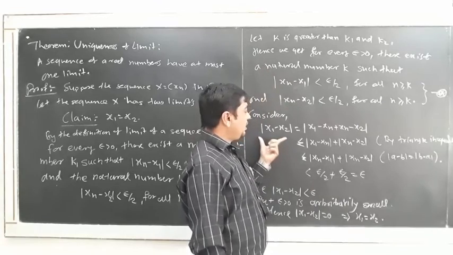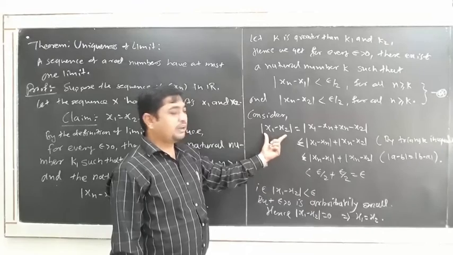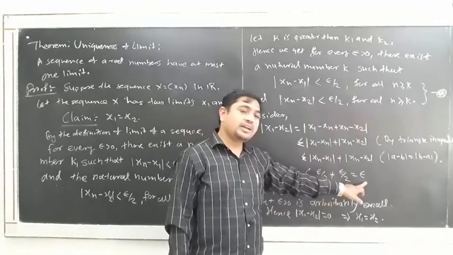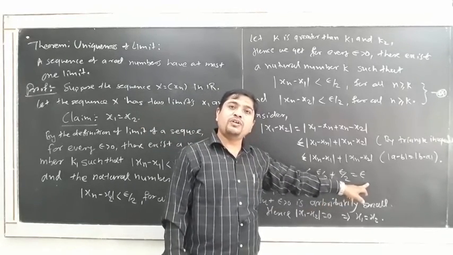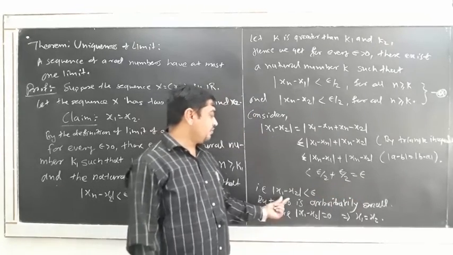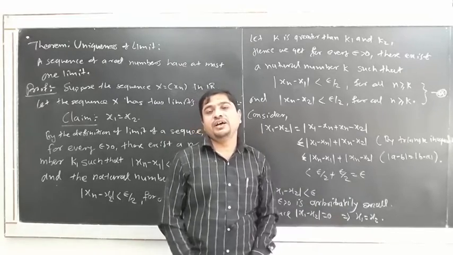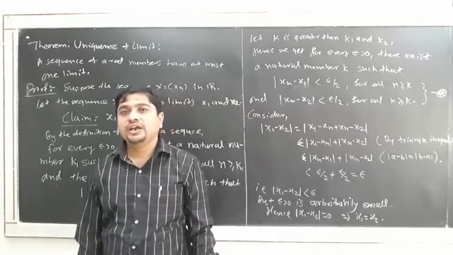Then we consider x1 minus x2 and show it is less than epsilon, but epsilon is an arbitrarily small number. Therefore this difference must be 0, and therefore both the limits are equal. Okay.